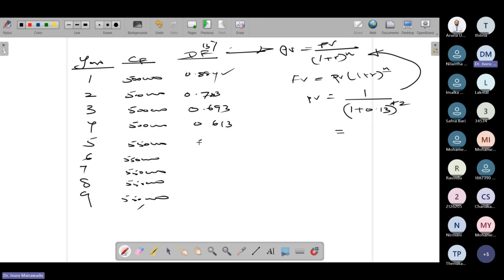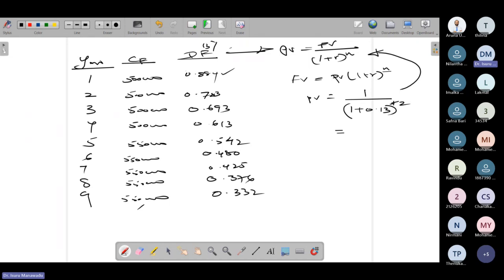Next, 0.542. Next year, 0.480. Next, 0.425. 0.376. 0.332.